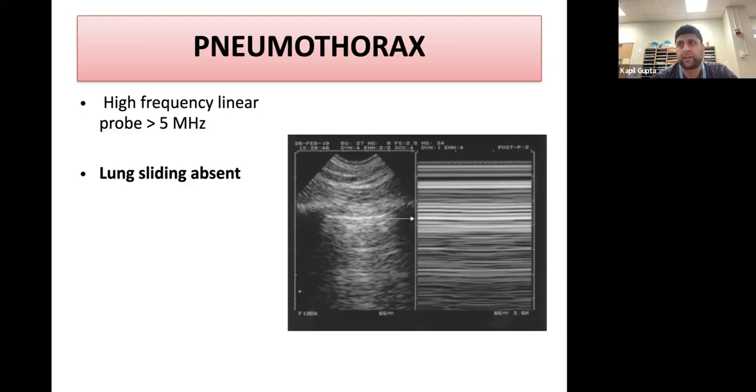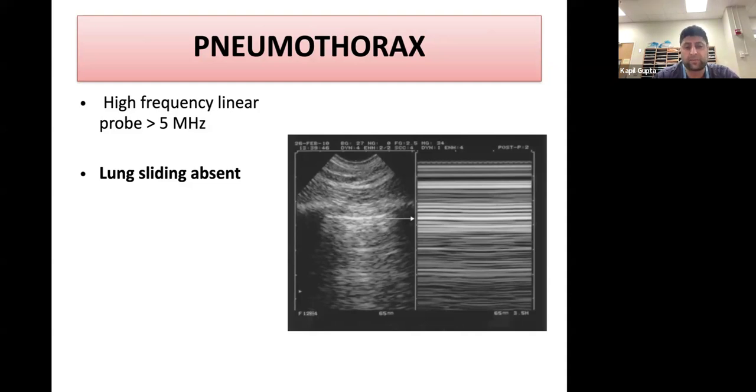When I did echo and lung ultrasound, I realized there was pulmonary edema all over, with B lines all over. And with echo, we found that the ejection fraction was hardly 15%. Instead of giving a lot of volume, as was being done, we changed our plan. We had to take out volume and give more inotropes. We started an adrenaline infusion. That's how important lung ultrasound can be in helping us find the cause.